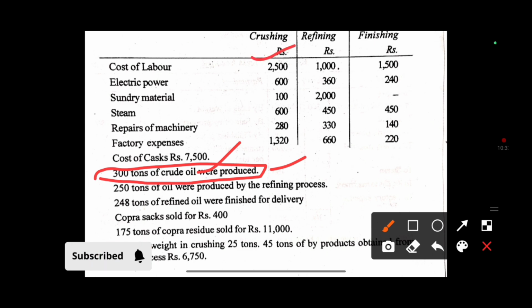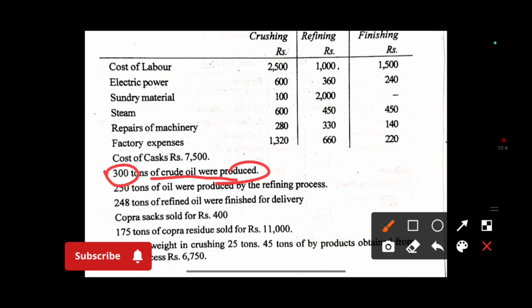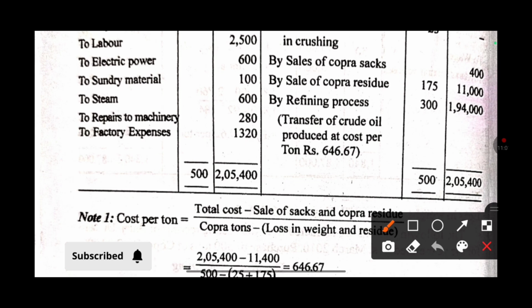At the end of the copra crushing process, the output is 300 tons of crude oil produced, which is considered output. So you write it on the credit side.